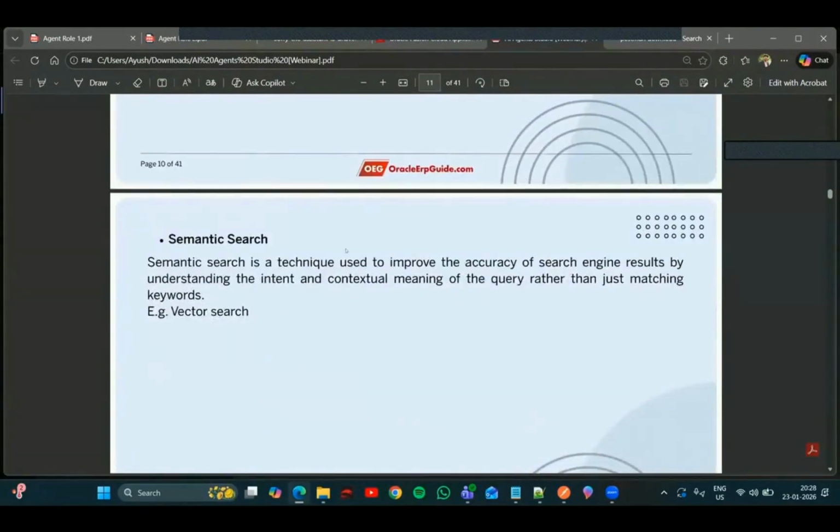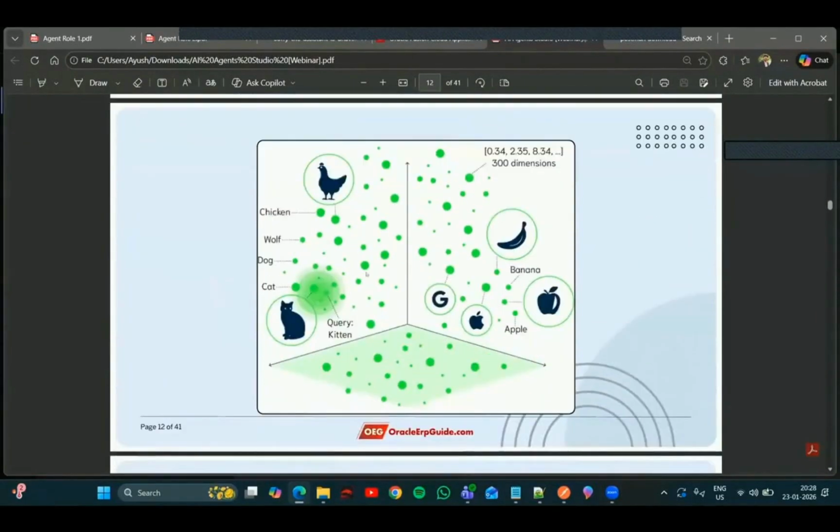I have an example over here. Since we humans cannot understand anything beyond 3 dimensions, I have stuck to the 3-dimensional figure over here. Let it be x, y, and z coordinates, and we are plotting words over here.